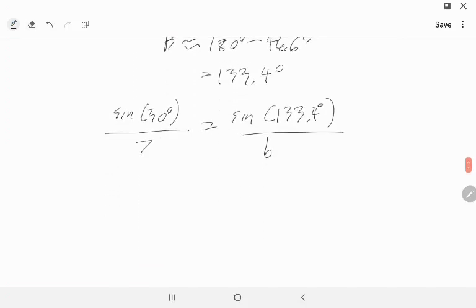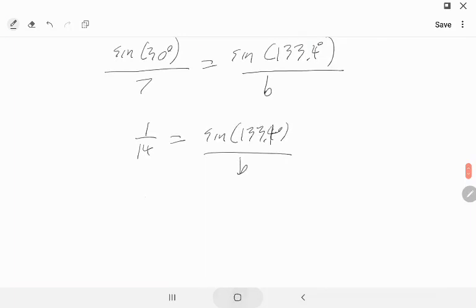We'd already seen that that was 1/14 equals the sine of 133.4 divided by b, so b equals 14 times the sine of 133.4.